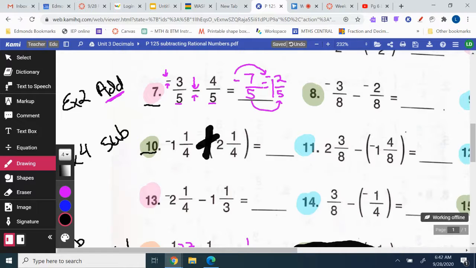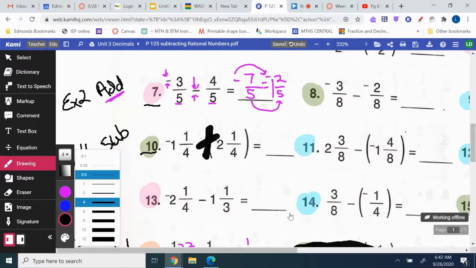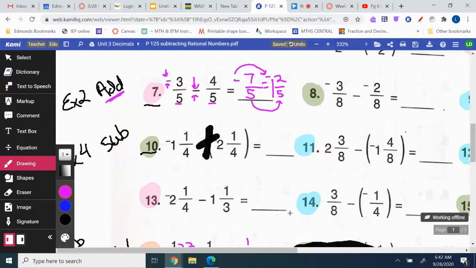Now, when we have different signs, because now I have a negative sign and a positive sign, that tells me I have to subtract those numbers. And I'm going to keep the sign of the bigger number. Wow, that's a lot. So negative sign, positive sign, subtract. And I'm going to keep the sign of the bigger number.